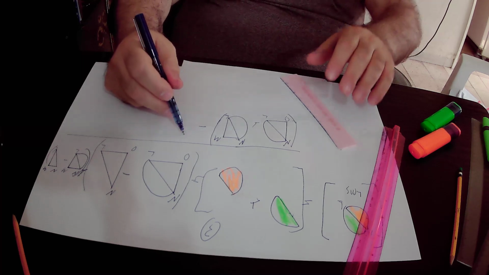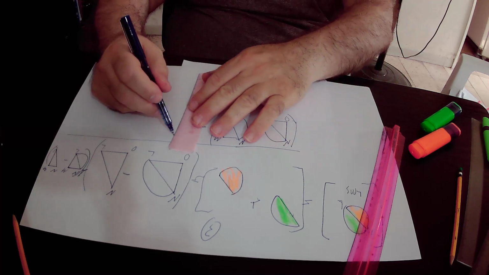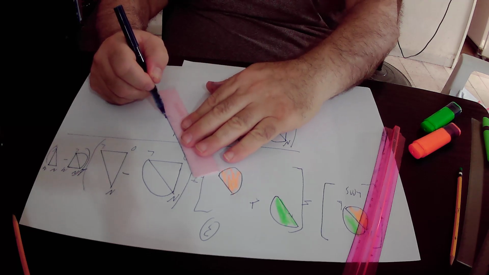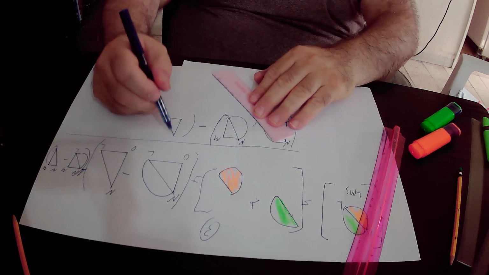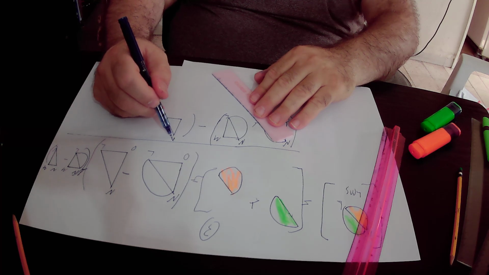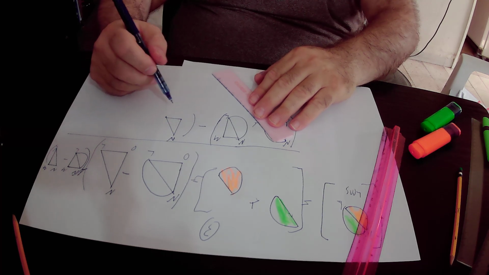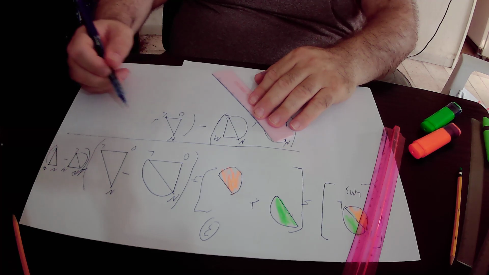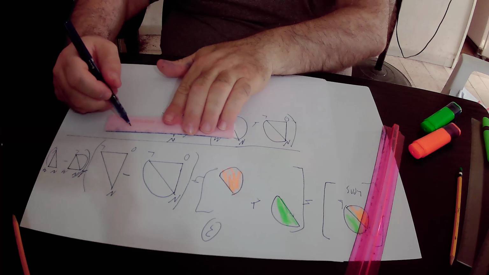So it is minus the sum of the areas of the two right triangles: minus the sum of the area of triangle NOL plus the area of triangle NML.